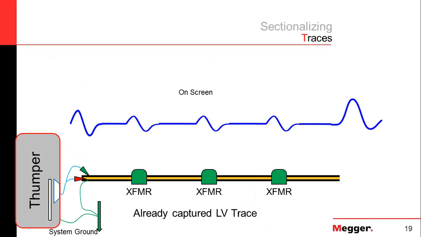Okay, there's another fairly common application for the TDR out in the fault locating world. Excuse me, and that's to use it to sectionalize with. And if you look at our presentation here, down at the bottom, we have a circuit shown. This is 3 transformers with sections of cables in between. So this would be representing a section of a loop feed.